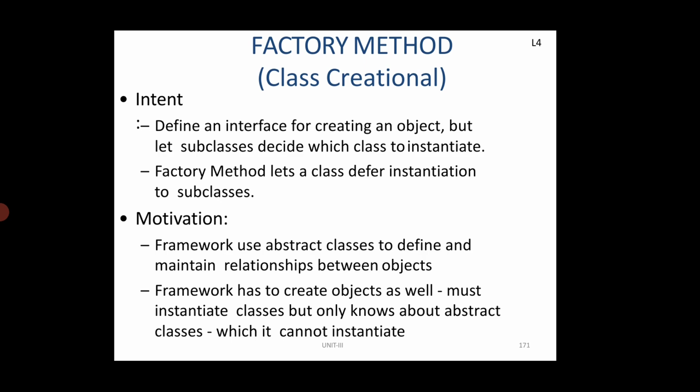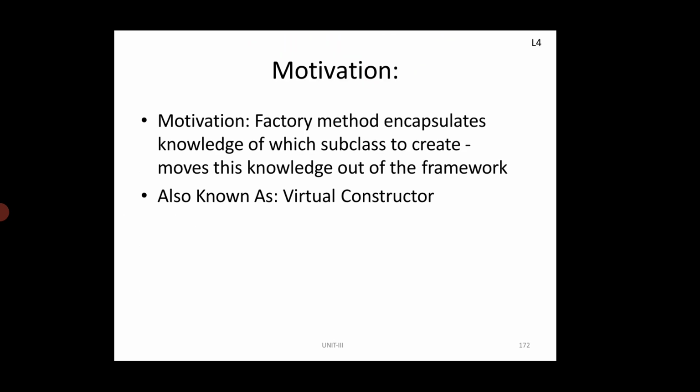The framework has to create objects as well. It must instantiate classes, but here you have to learn about abstract classes, which cannot be instantiated. The motivation here: a framework is often responsible for creating these objects.